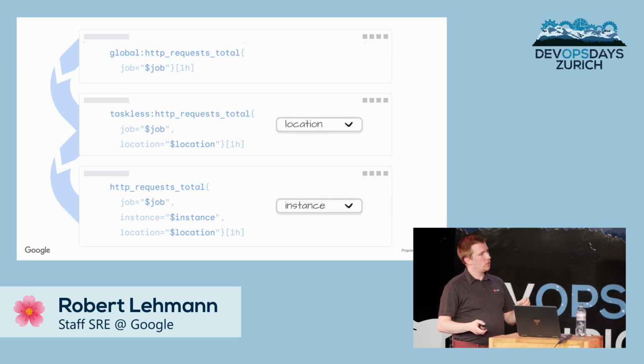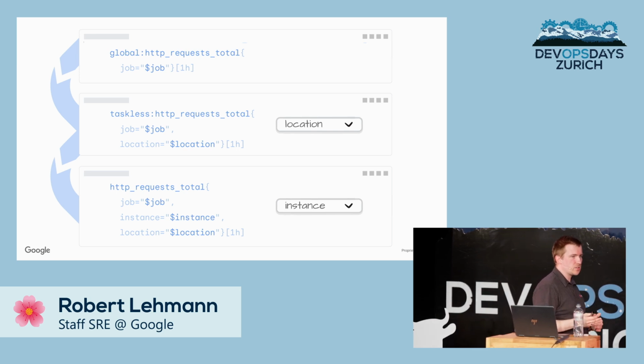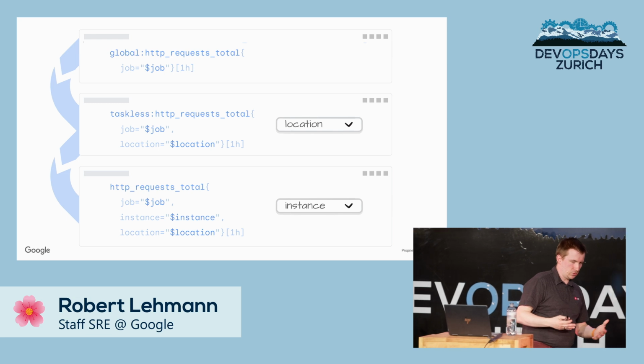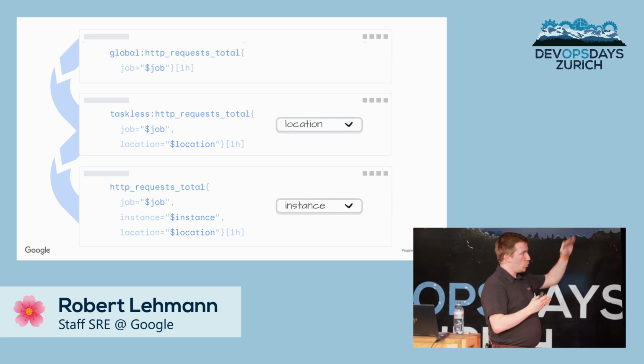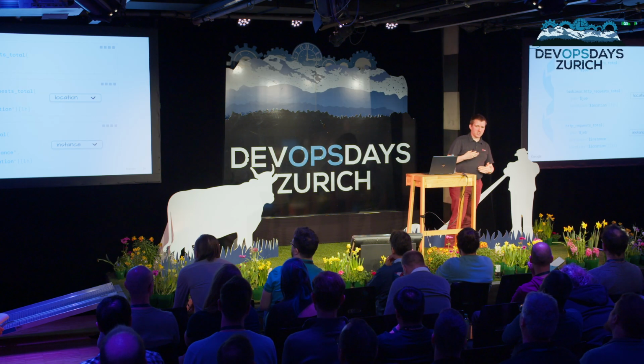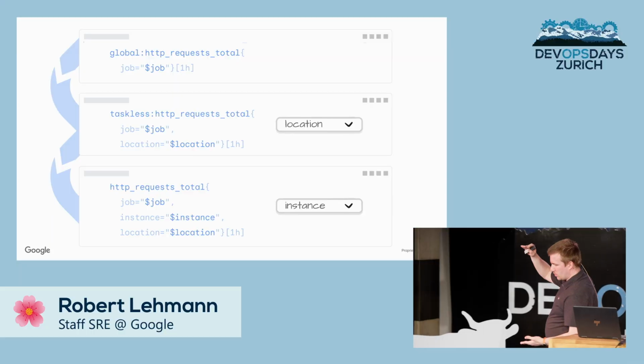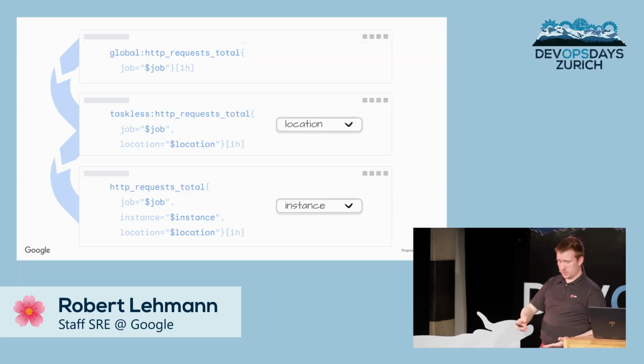And based on those dimensions that we discussed earlier, you would then select the right metric. So you don't have to say, when you get paged in the morning, which metric you want to look at or which dashboard you want to look at. The system will automatically and transparently just decide, okay, you asked me to give you a per location view, so I'm just gonna pick the aggregation level that still has a location in it.